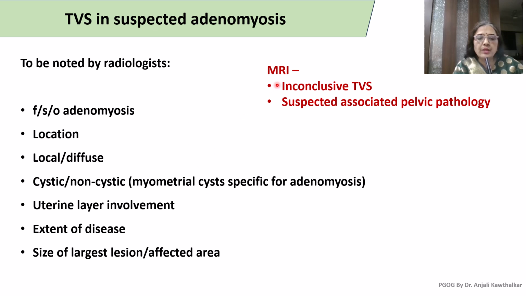MRI is indicated whenever transvaginal sonography is inconclusive for the diagnosis and also whenever there is suspected associated pelvic pathology, especially the presence of leiomyoma, which is an indication to do MRI to differentiate whether it is a case of adenomyoma or leiomyoma or whether both are coexisting.